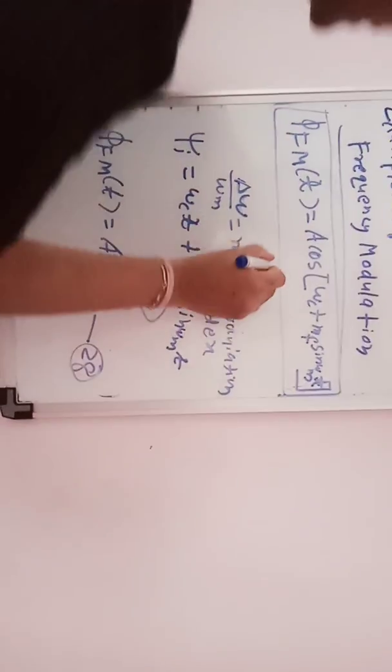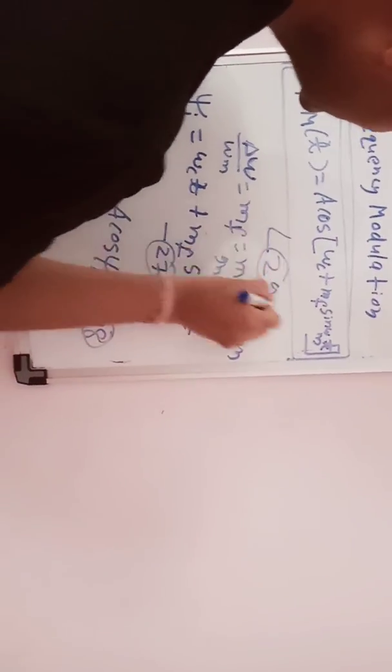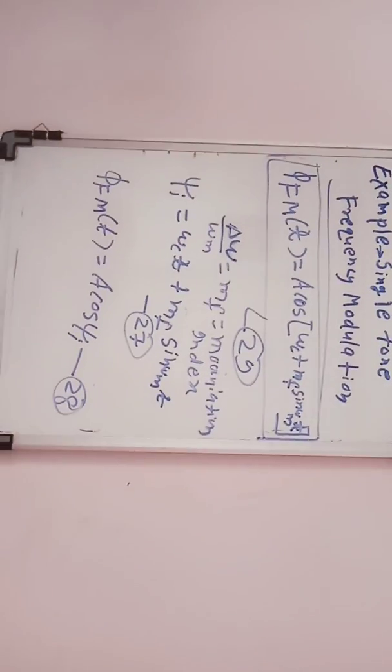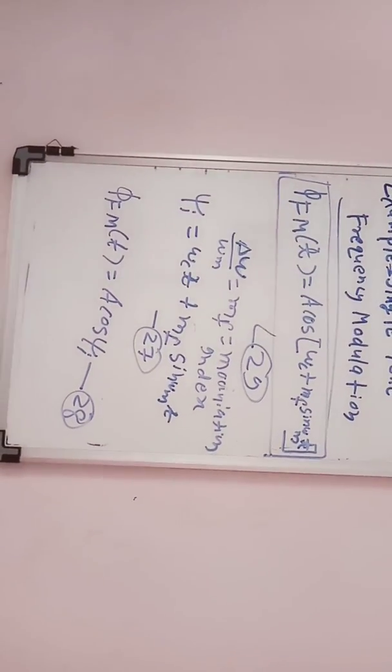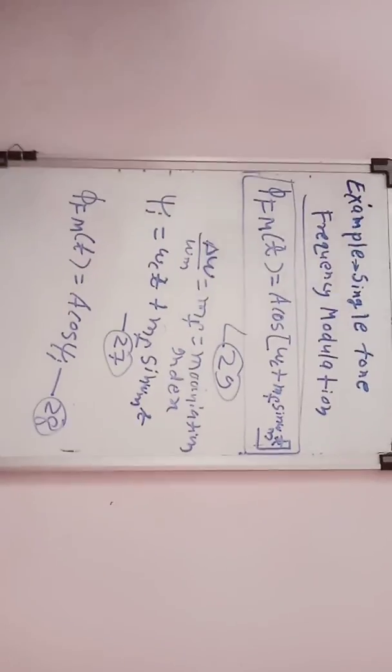This is equation number 29, an expression for an FM wave.